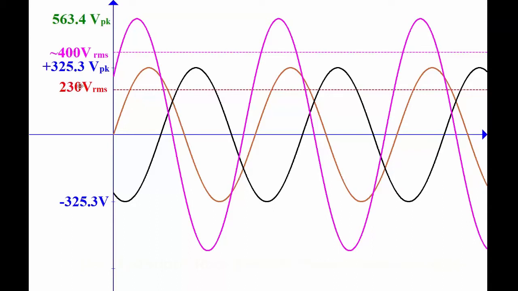What you in fact have done is multiply 230 by root 3, and that will give you roughly 400 volts. So our aim here is to do some sums and work out where this magical or mysterious root 3 comes from. Let's have a go at that.